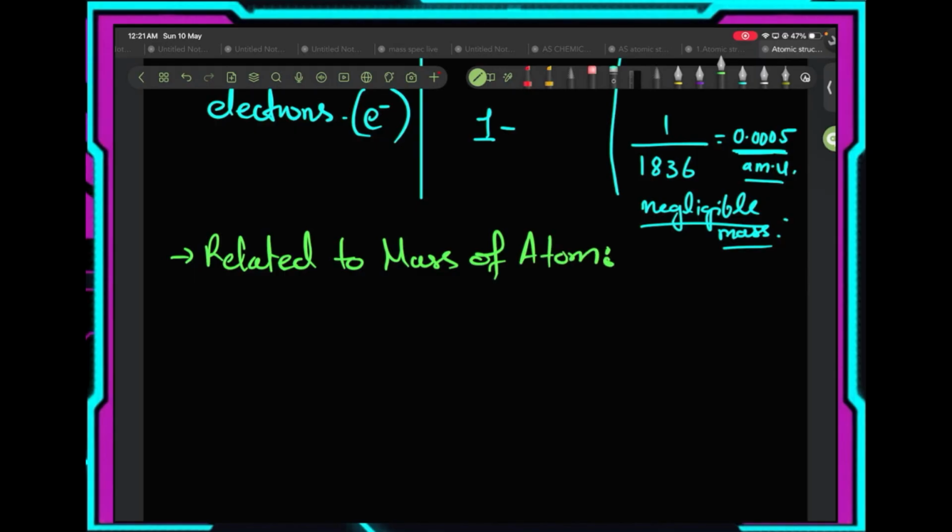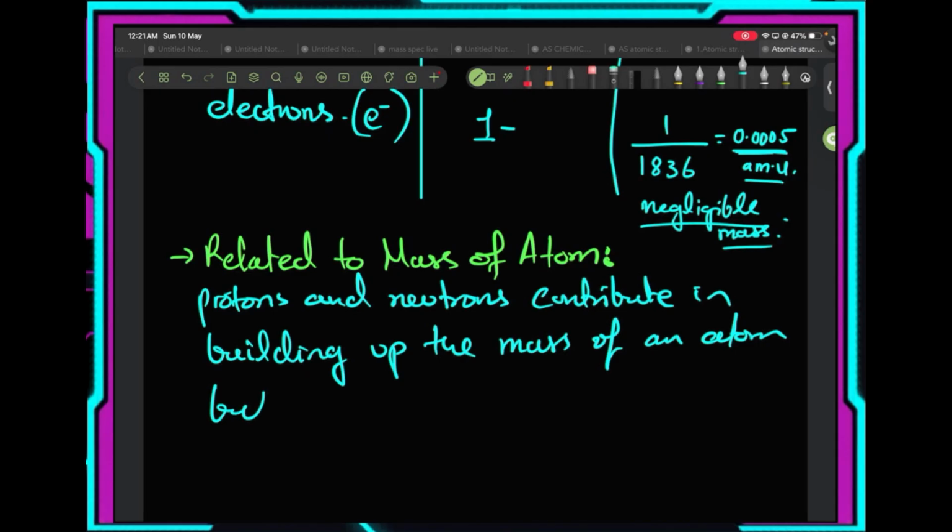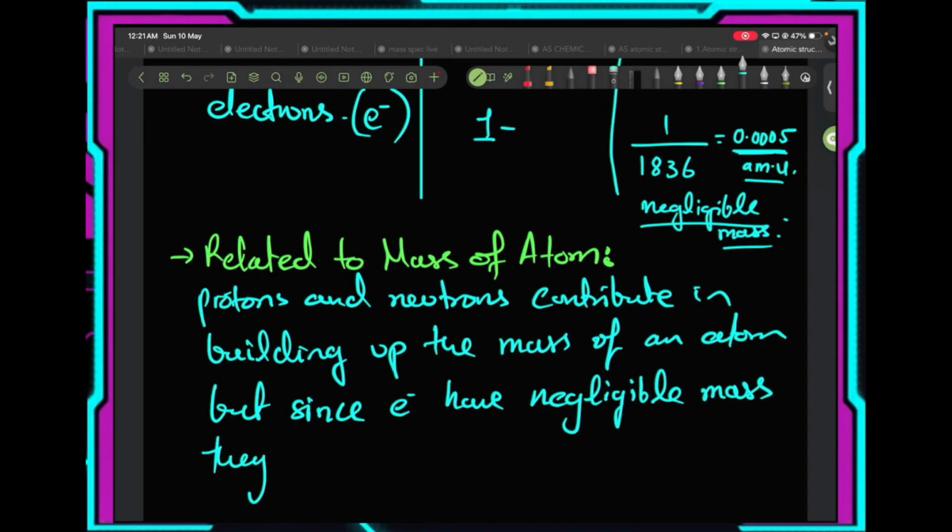According to the table, protons and neutrons contribute in building up the mass of the atom, but since electrons have negligible mass, they do not contribute in the mass.